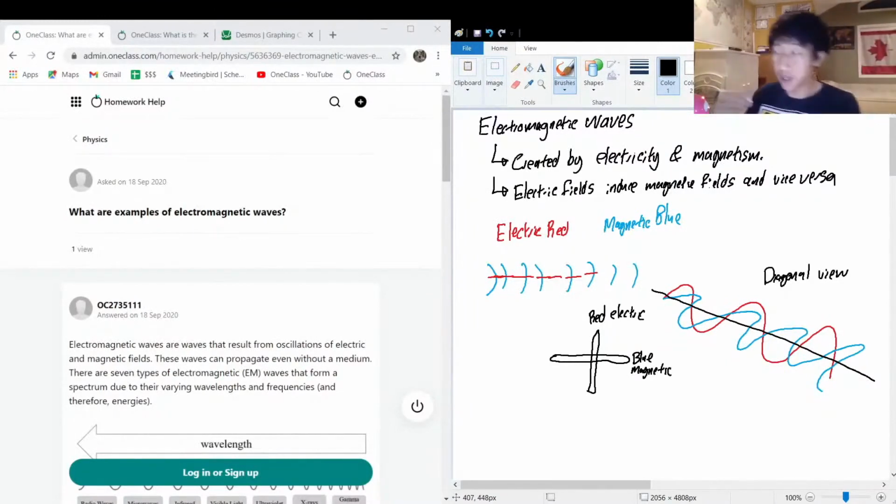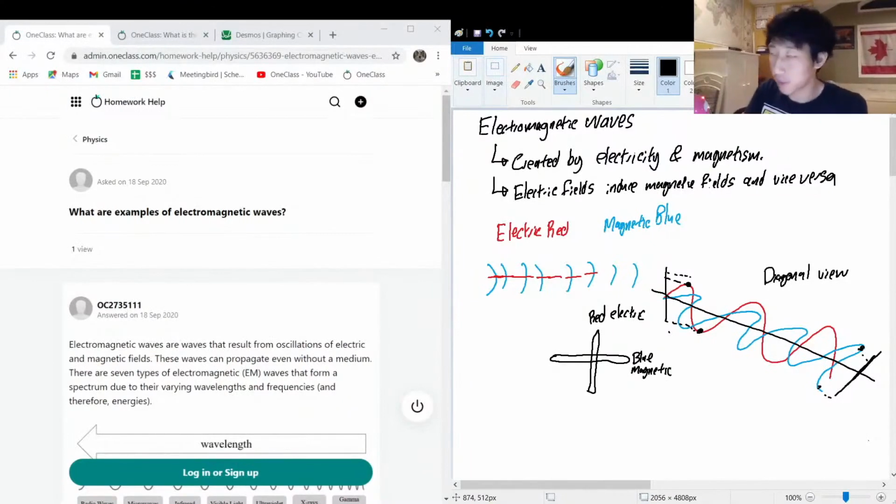So the fields that they induce on each other are perpendicular to each other. It's kind of tough to see from the diagram. And maybe if we have a vertical line like that, just know the blue is supposed to be horizontal and the red is supposed to be vertical. It's just tough to draw three-dimensional things on a two-dimensional page.